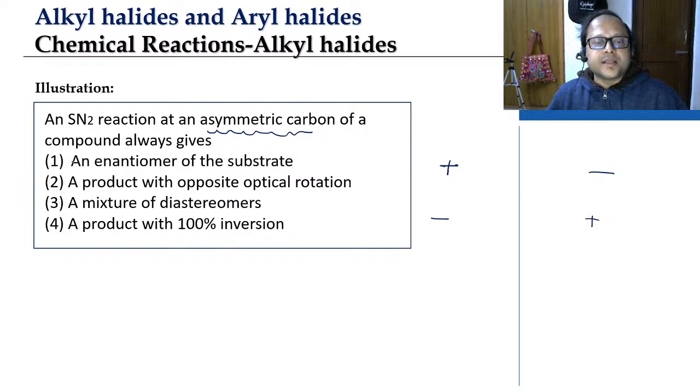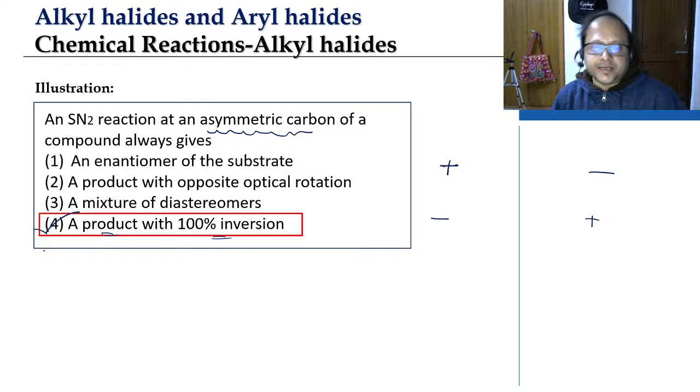So only the fourth option says a product with 100% inversion. So therefore our answer should be the fourth option. Right? Yeah. So this is your right answer, the fourth option for the SN2 mechanism, right? Okay.